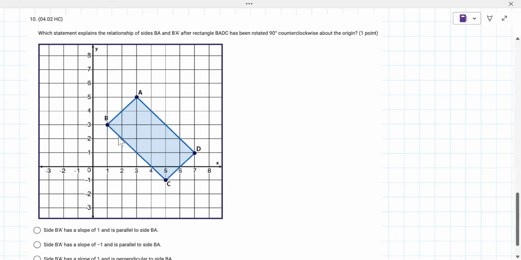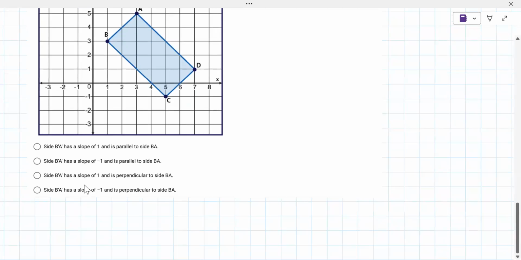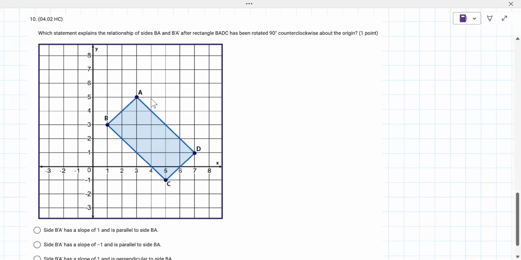All right, so all the answers talk about slope. So when you rotate this thing counterclockwise, that's that direction. Now, one of the things you could do is actually do the transformation so that you could see what the new points are.